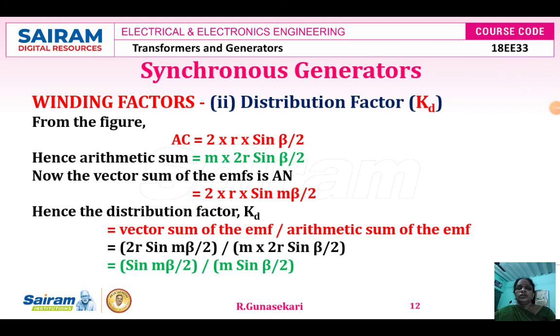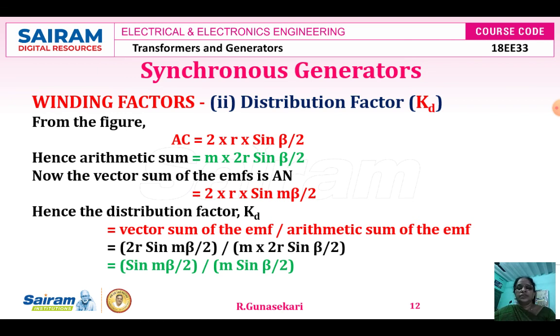Then how to derive the distribution factor? You can draw that diagram. From the diagram you can write the equation for the EMF induced in the distributed winding, that is the vector sum of the EMF induced, and the EMF induced in the concentrated winding, that is equal to the arithmetic sum of the induced EMF.